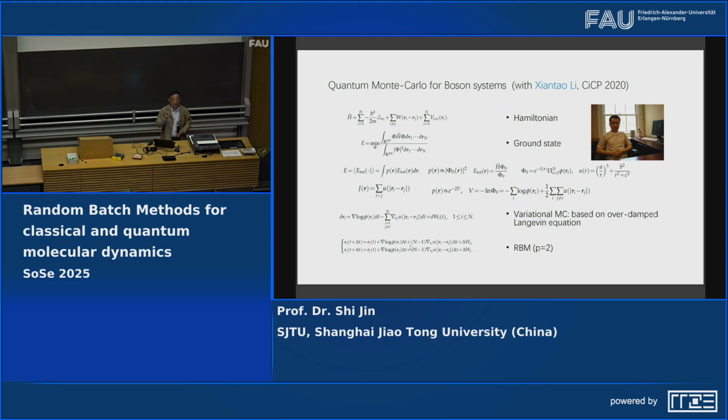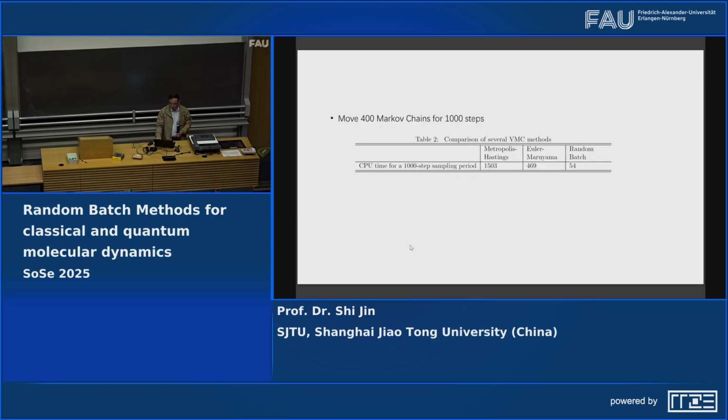The random batch has just 2 particles. And so you move like 400 Markov chains for 1,000 steps. If you just do Metropolis, the CPU time is like 1,500. If you solve this Langevin equation directly using Euler-Maruyama, it's about 460, while with the random batch, it's only 50 units.